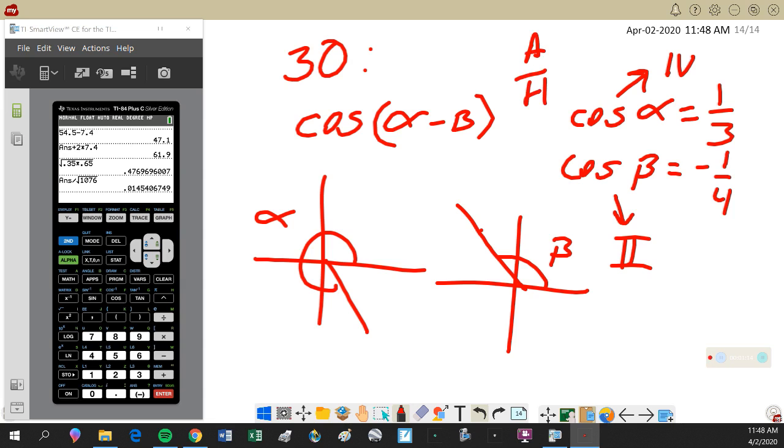So if I draw that triangle in quadrant 4 for alpha, the adjacent is 1 and the hypotenuse is 3. And then for angle beta, the adjacent is -1 and the hypotenuse is 4.